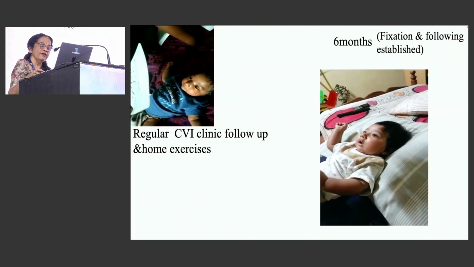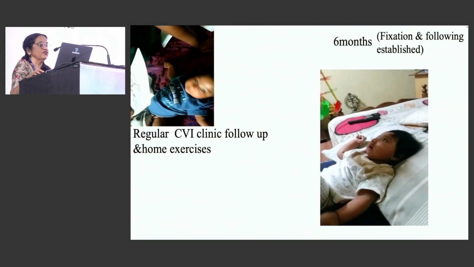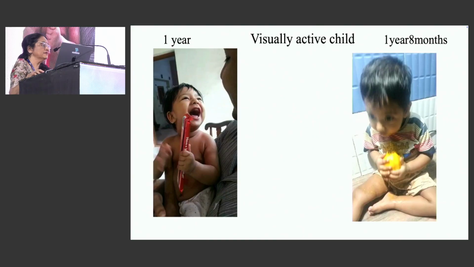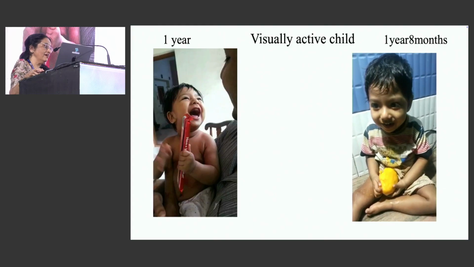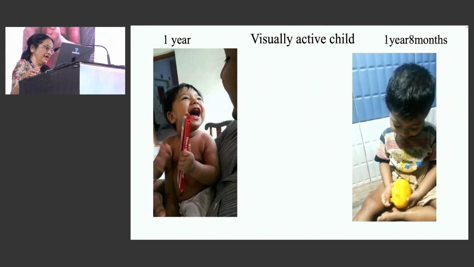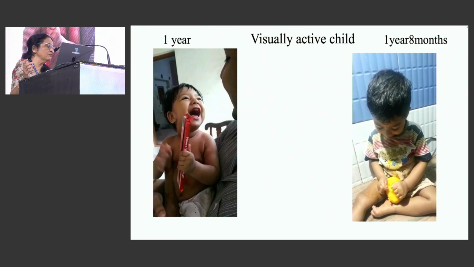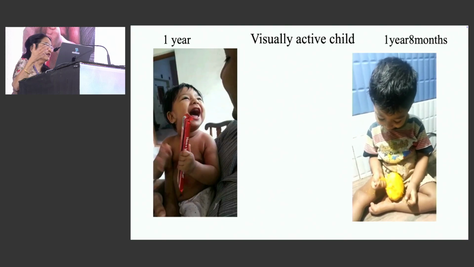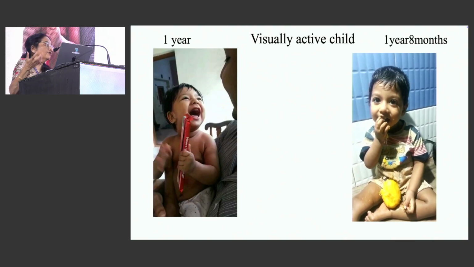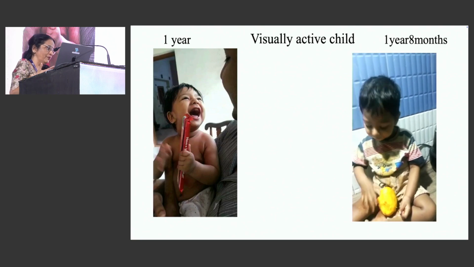But the child had other challenges like seizures, but still the therapies were continued. Now at 2 years, we have a very visually active child. Though the visual activity has improved a lot, he has certain motor issues, which you can see in the feet of the child, and it requires physiotherapy.